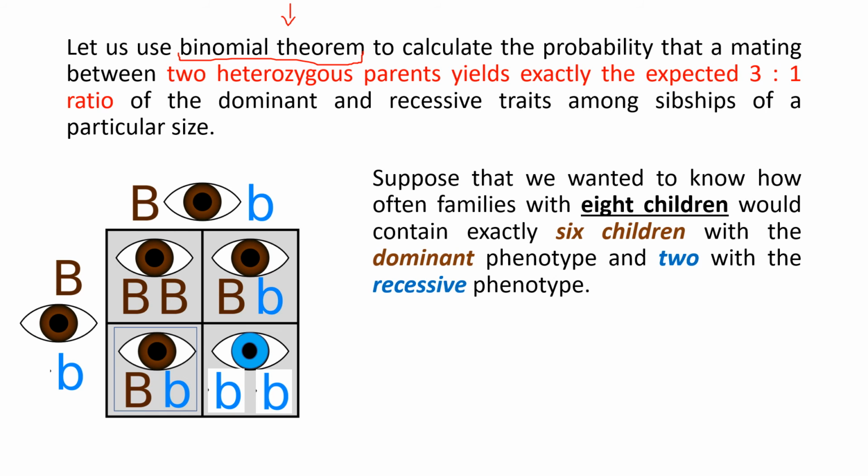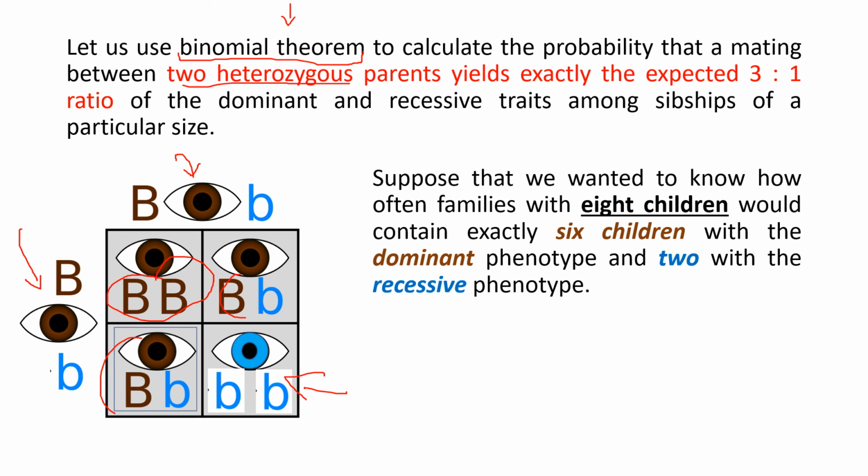So here there are key things for this. You need to know that there are 2 heterozygotes, because this will tell you the probability of a dominant and recessive. So here you have 1 heterozygote, the other heterozygote here, and from this you can get the probability of being dominant. Look, all these are dominant, and here you have only 1 recessive. Okay, that is important.